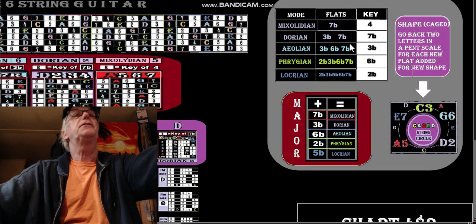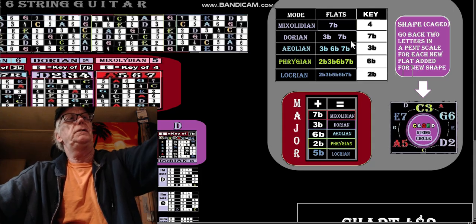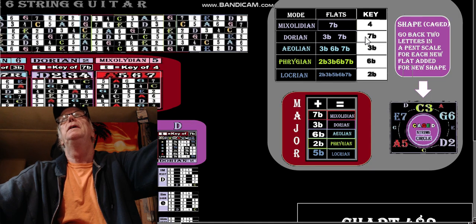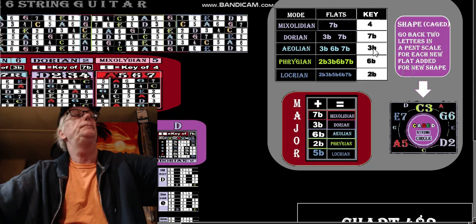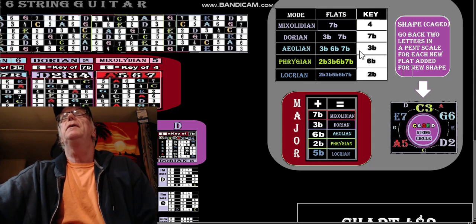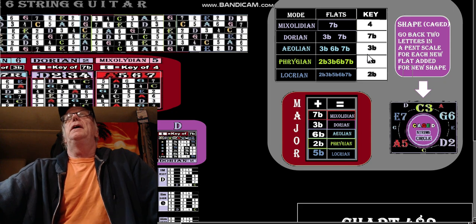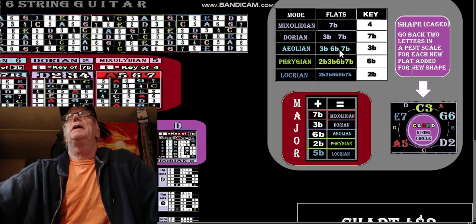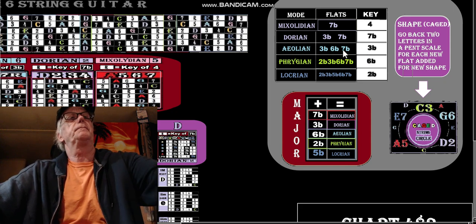We add the 6th flat with it. Now we can do it in a scale form because I only have so many fingers. We add the 6th flat to it. We're in the key of E flat. Okay, and then we add the 3 flat to it, rather, puts us in the key E flat.